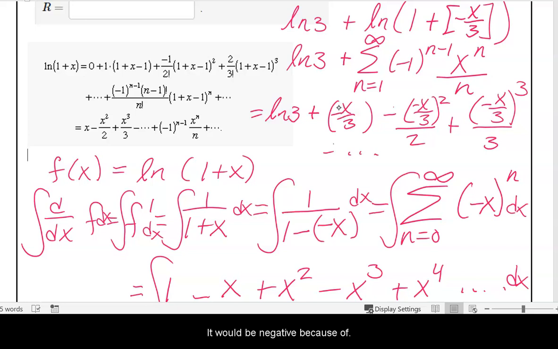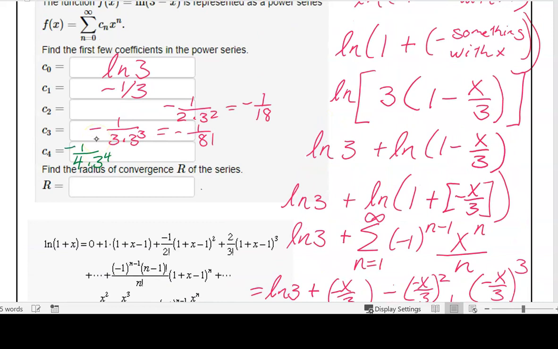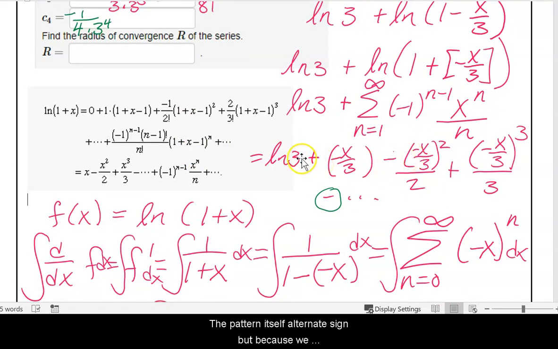Oh, it would be negative because of that negative right there. In fact, it looks to me like they're all going to end up negative because the pattern itself alternates sign, but because we substituted a negative inside in place of x, those also alternate. And when this is negative, we have even powers, so this is positive. And when this is positive, we have odd powers, so this is negative. So I think after the natural log of 3, they're all going to be negative.